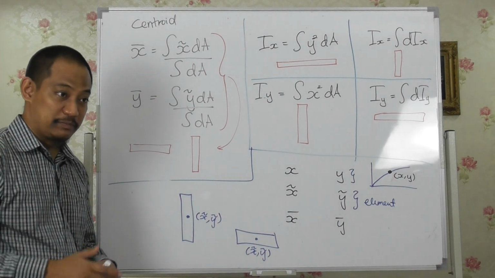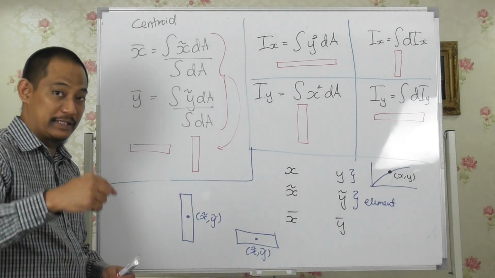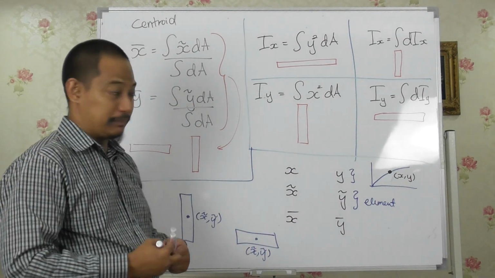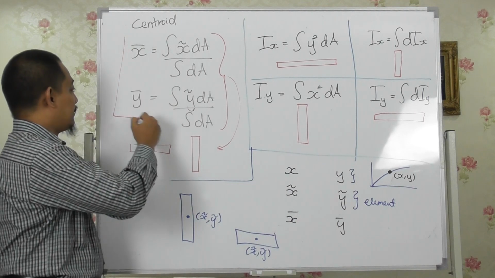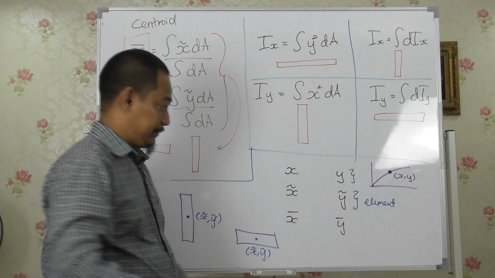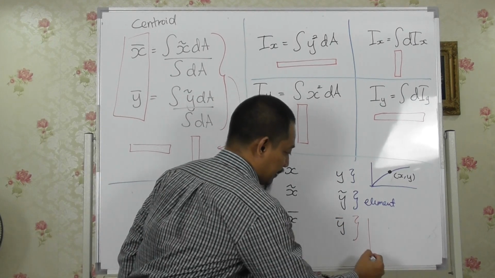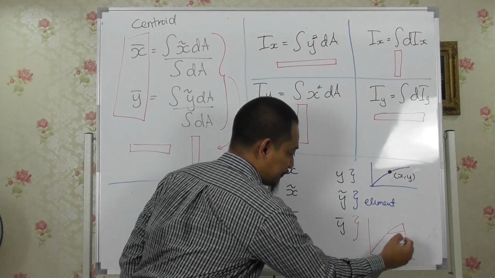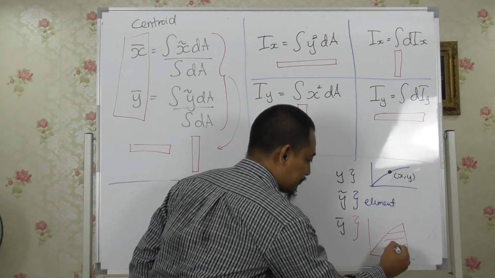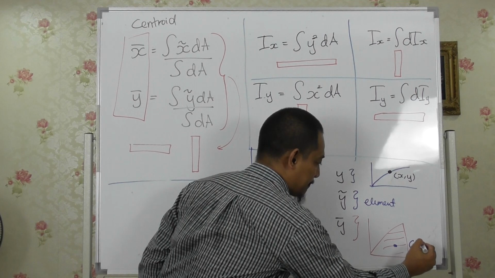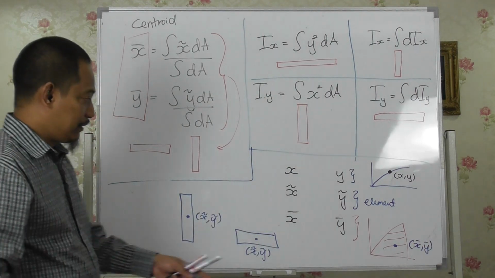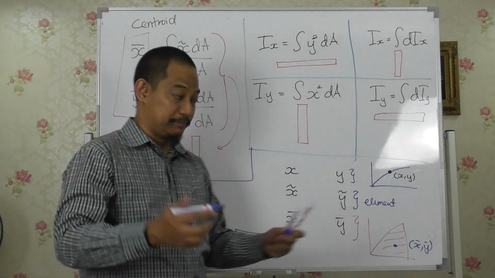We discussed the meaning first before the implication to our calculation. What about x bar, y bar? X bar, y bar is what you normally want to calculate, which is the centroid of the whole area. So if you have whatever area here, then the centroid of the area itself is x bar, y bar, which is what we want to calculate for the area, be it this or wherever.